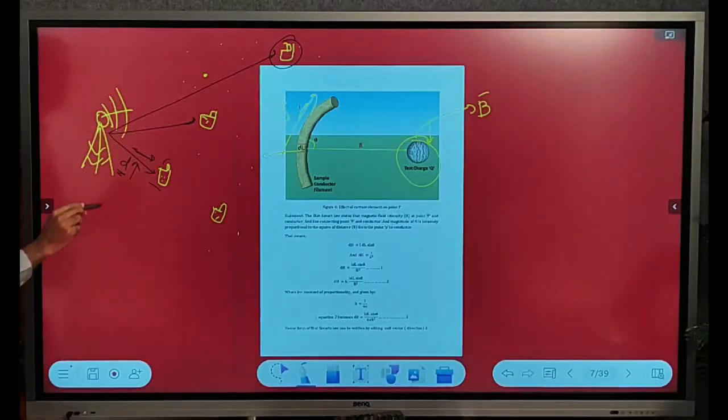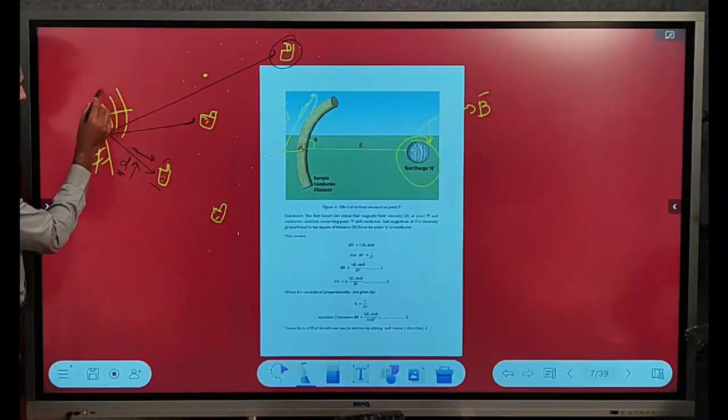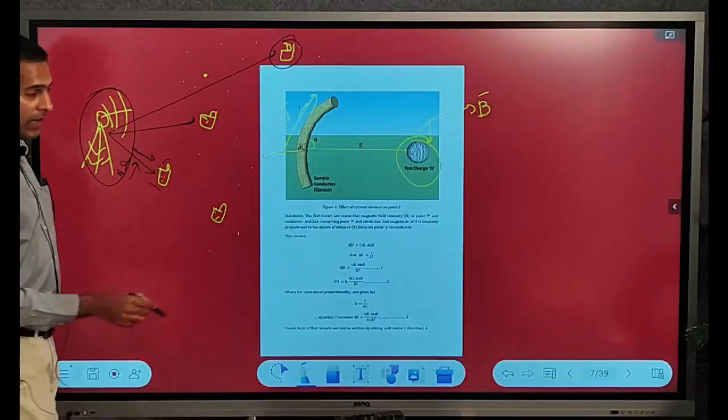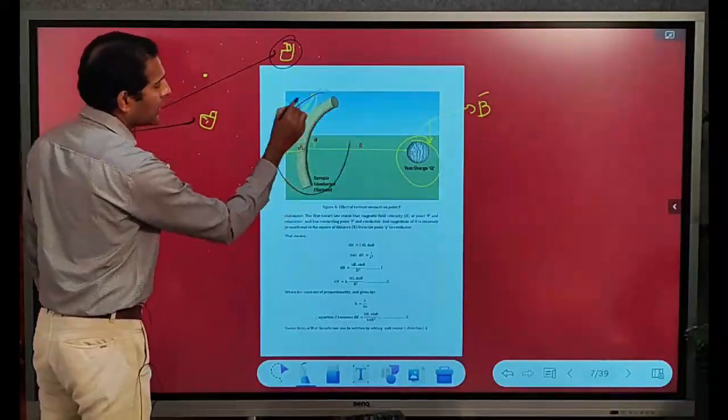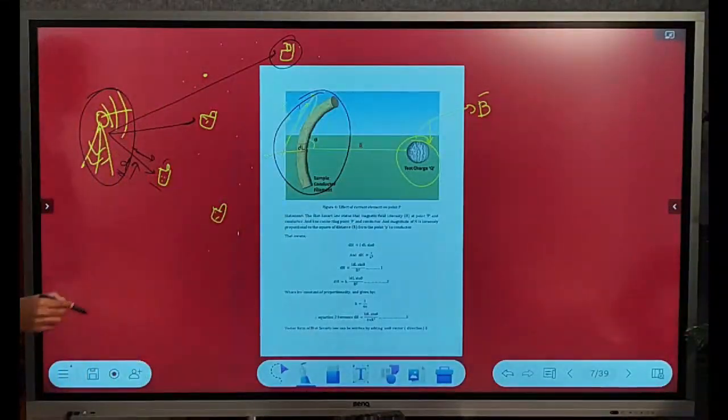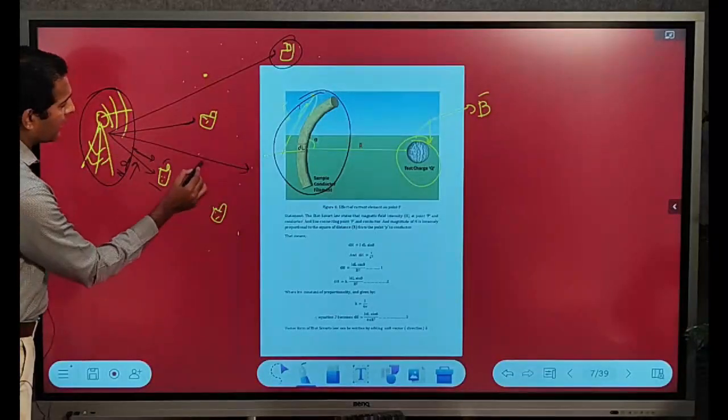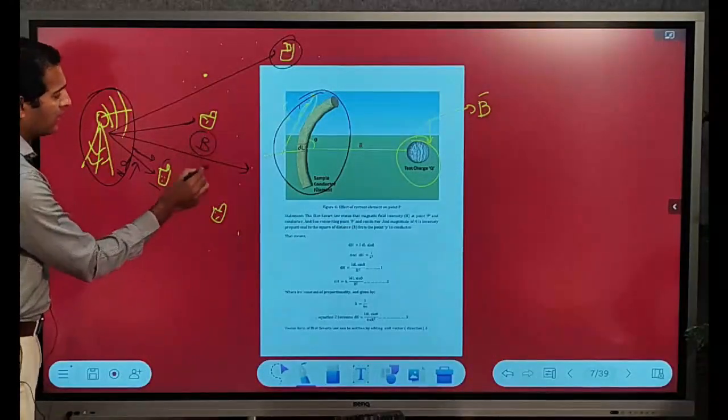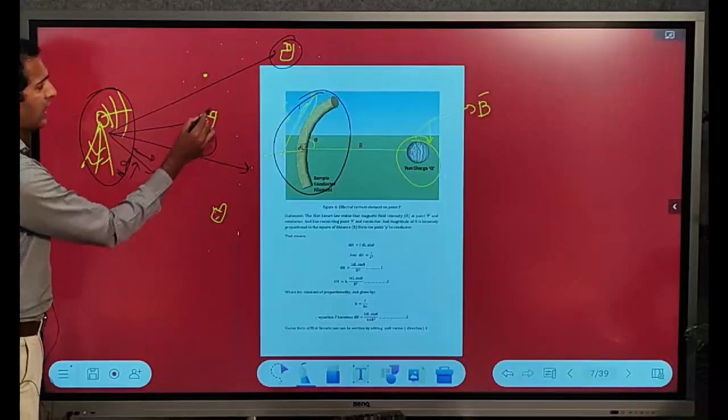Right? In electric field also we do the same thing, and in the magnetic field chapter also we are doing the same thing. What is that same thing? We consider a source, and this source in this case is our current carrying conductor, and we find its effect, say magnetic field, on different point charges.